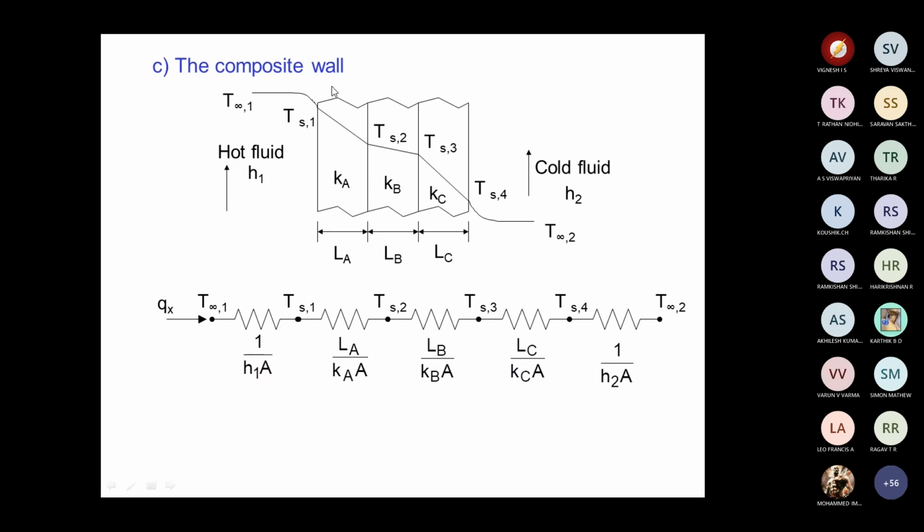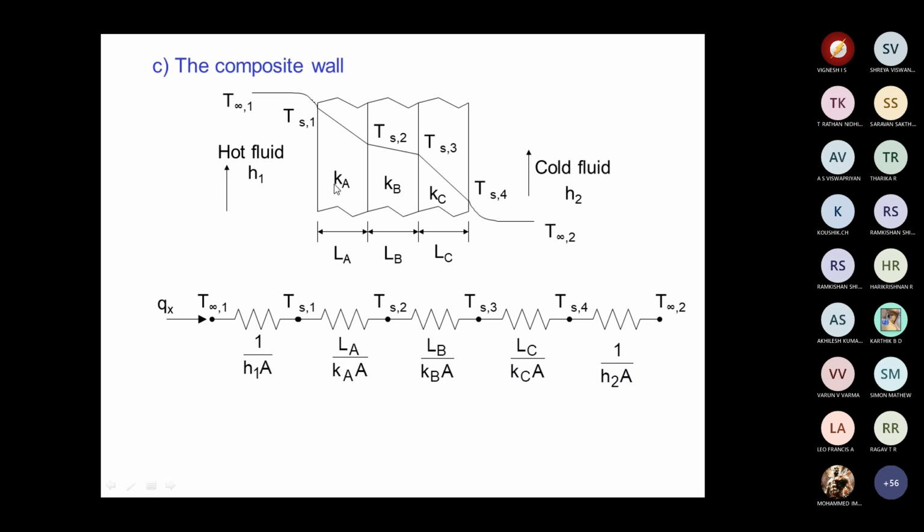See, if you have a simple composite wall like this, then you will be having all the things as conductive resistances, and they are arranged in series. So you will be having 1 by H1A and 1 by H2A, which are nothing but the hot fluid and cold fluid convective resistances, and conductive resistance is nothing but L by KA.